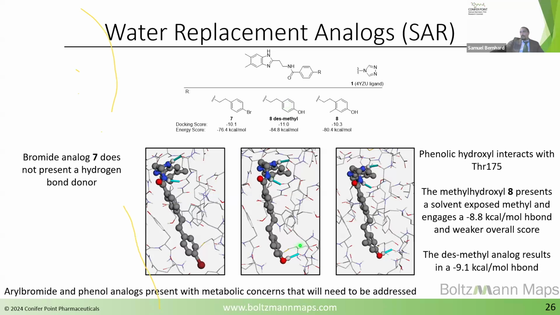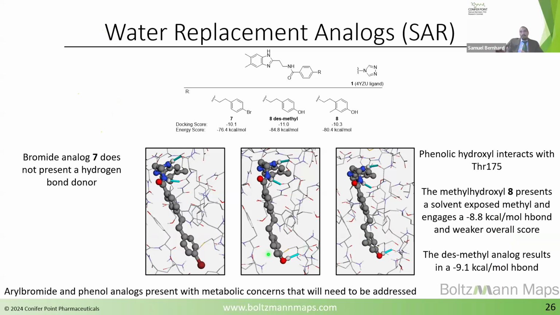So the methyl analog presents this methyl towards solvent and also has a hydrogen bond of negative 8.8, whereas the desmethyl analog has a stronger hydrogen bond at negative 9.1 and is also allowed a little bit more free rotation within this pocket.